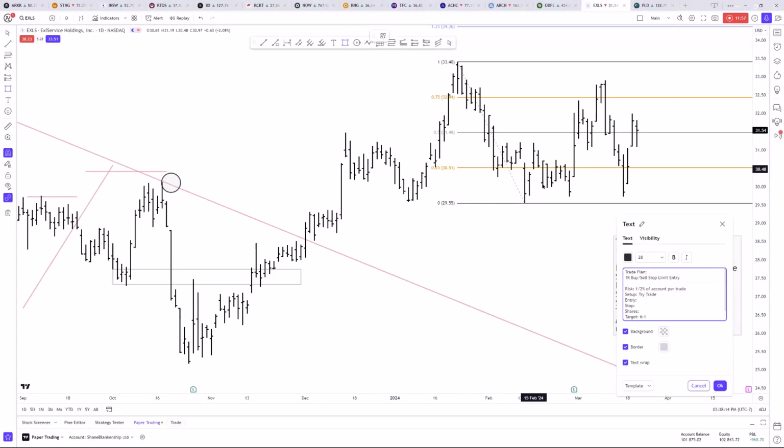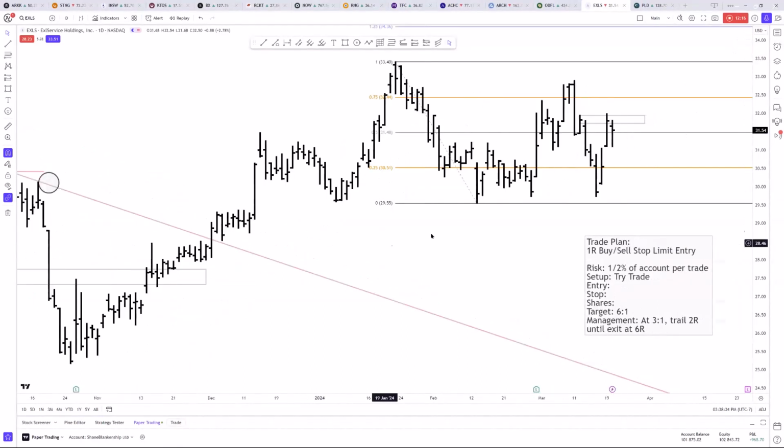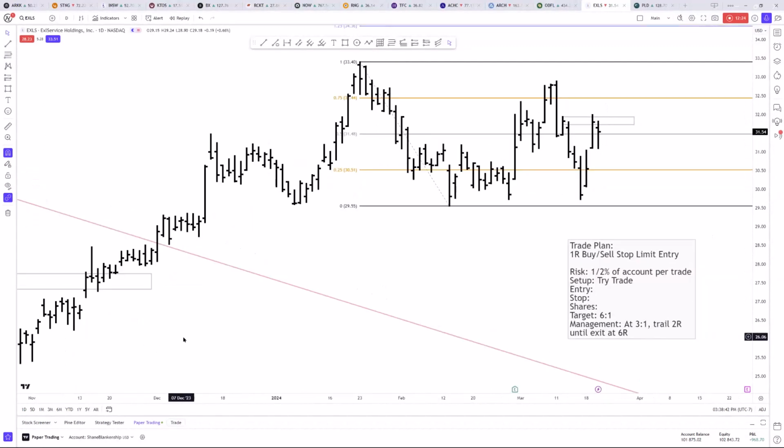Now, ideally, looking at the structure, I would prefer not to go in until this thing goes through the top of that. That's what I would prefer. But in my structured trading plan, I have a method, and the method plays on averages, not one-offs. Right? It plays on averages over lots and lots of trades.